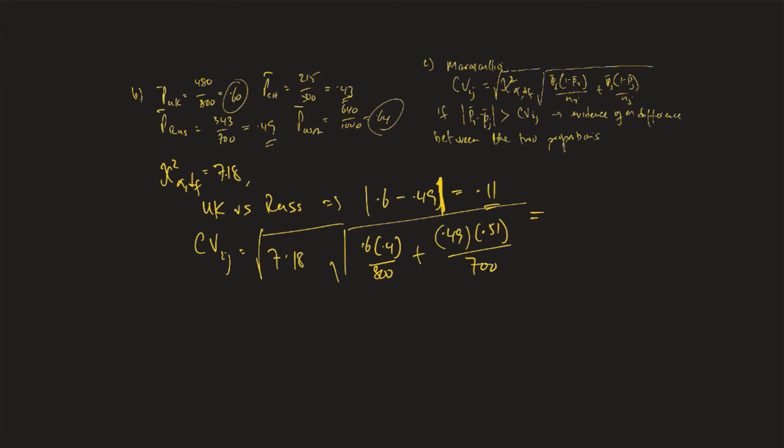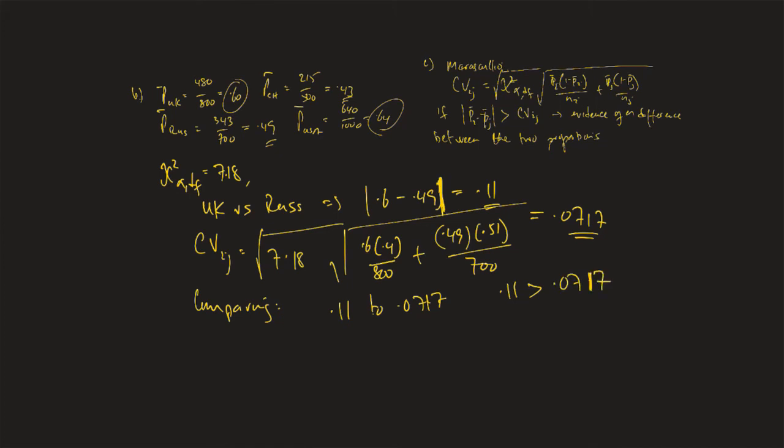So UK versus Russia, it turns out that CV is equal to 0.0717. So if we compare 0.11 to 0.0717, we could see that 0.11 is greater than 0.0717.